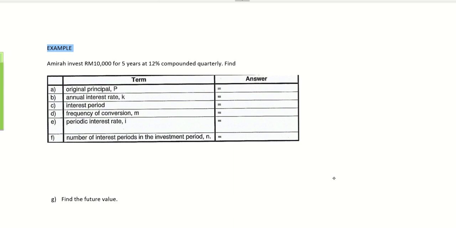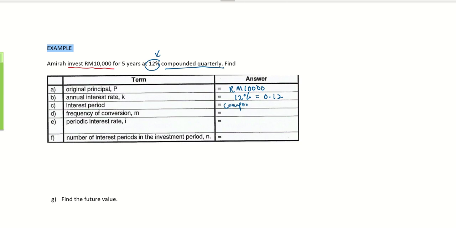Amira invests 10,000 ringgit for 5 years at 12% compounded quarterly. Find A, the original principal. P here is what Amira invests, so P is RM 10,000. B, find the annual interest rate K, the interest rate in a year, so 12% or 0.12. The interest period is compounded quarterly.